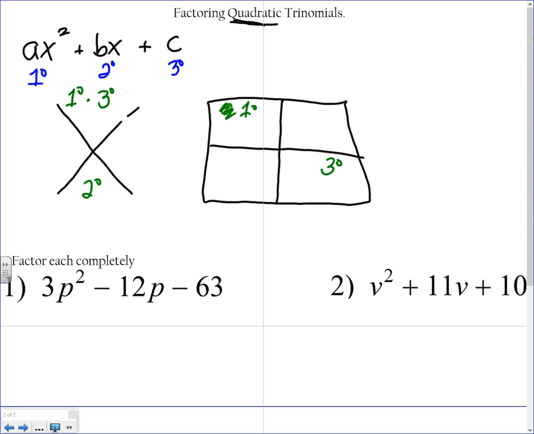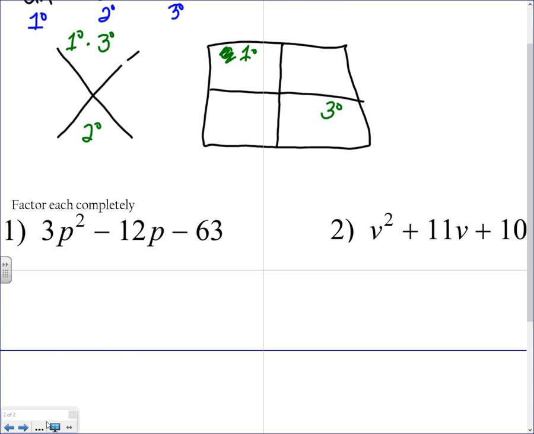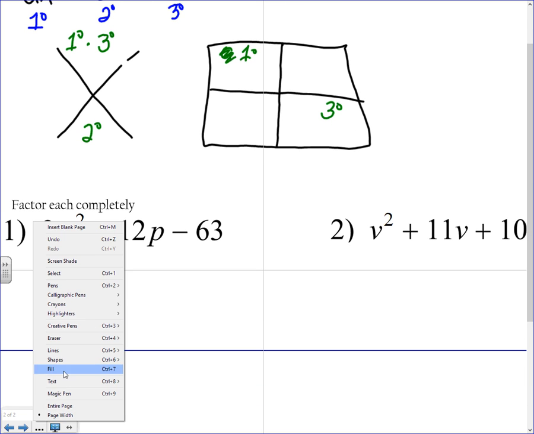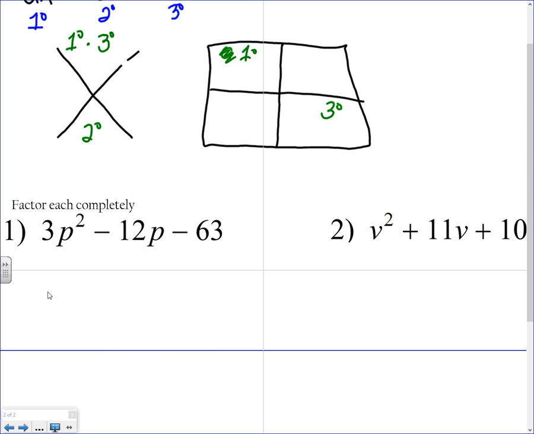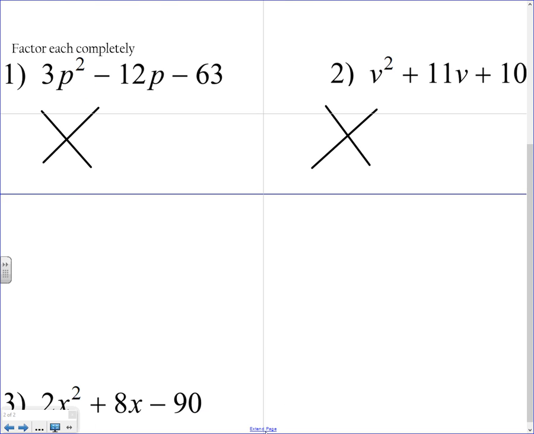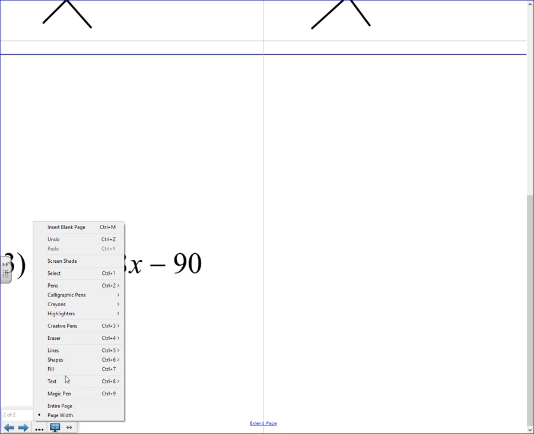So what I recommend when you do the homework is just putting your X box. What I'm gonna do is first do my X right here, X right here, X, X. Now I'm going to draw my box.